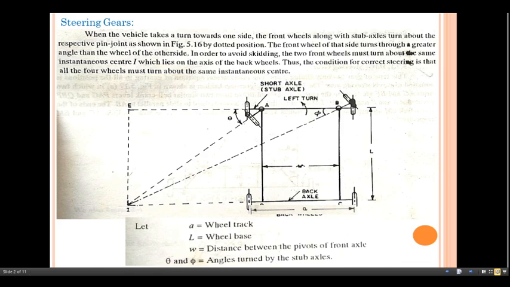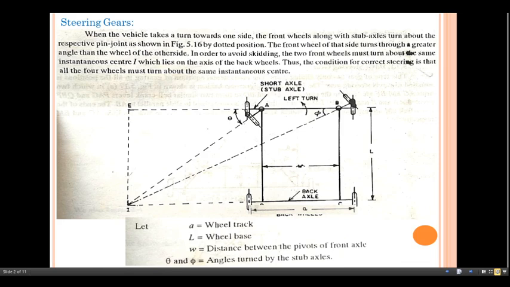Now look at this instantaneous center. If I extend the line of action of each wheel, all these lines pass through this point. This is the instantaneous center at that instant.